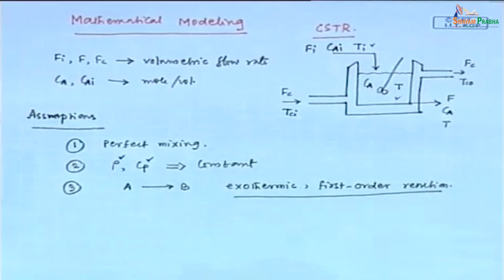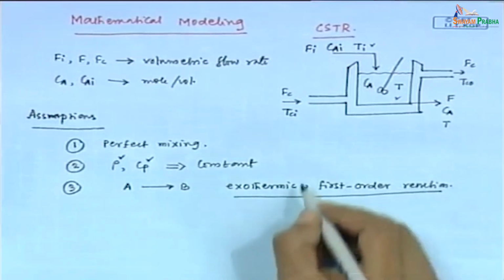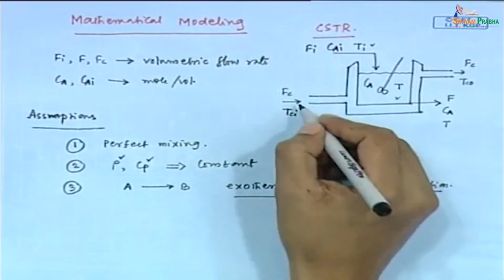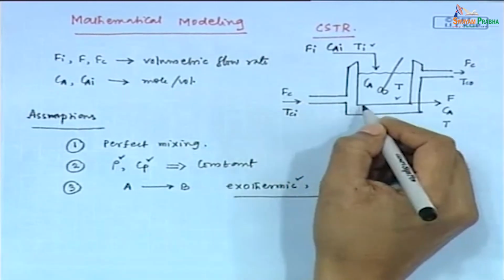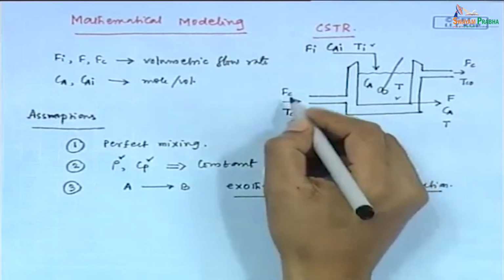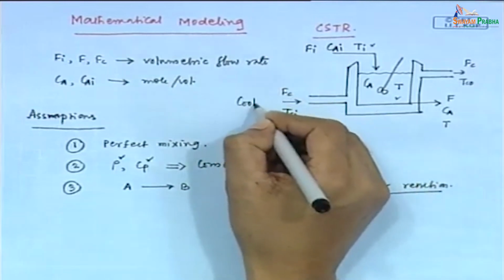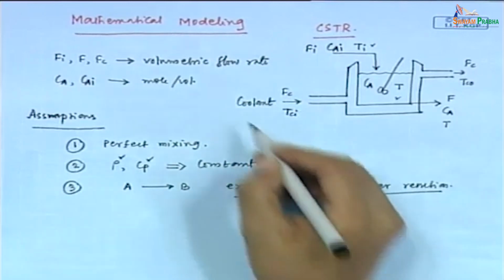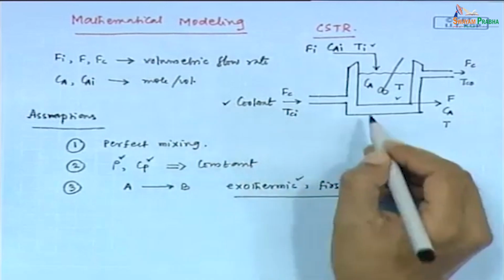To remove this exothermic heat, a coolant stream is introduced in the jacket. This is the coolant stream. To remove the exothermic heat, a coolant stream is introduced in the jacket.